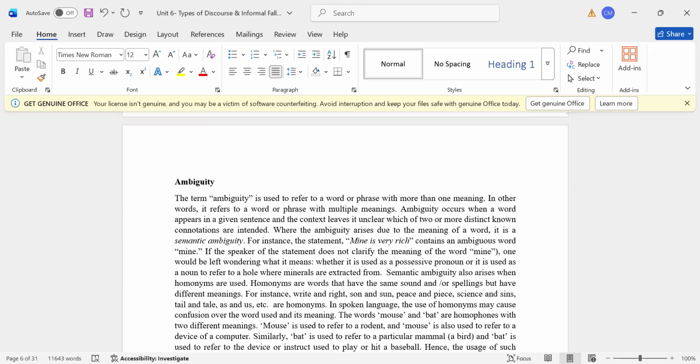Now, under definitions that we did last 2 weeks, we talked about ambiguity. When you say a sentence is ambiguous, what it means is that it lends itself to multiple meanings. There's no one definite meaning to it. The way the sentence is written, it can mean many things.